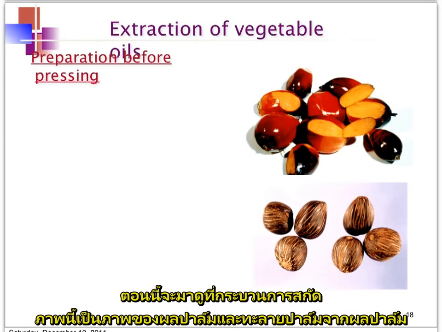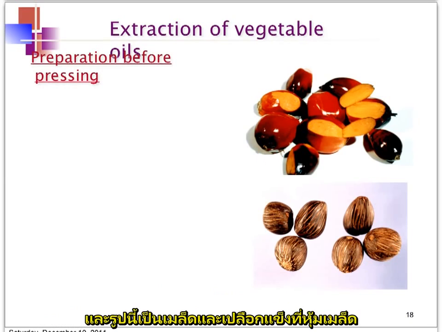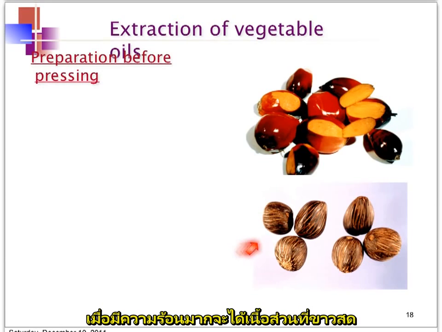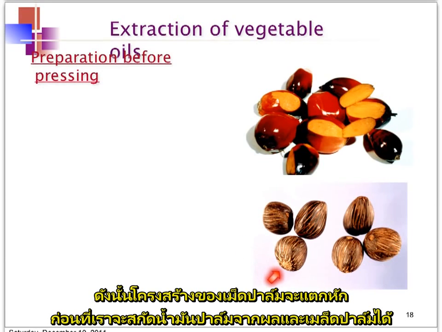Before that, we can see again this nice picture of the fruitlets from the oil palm fruit bunch, and a picture of the kernel. The kernel's outer shell is very hard, so to get into the white flesh inside, the shell has to be broken before we can extract the oil from the palm kernel.